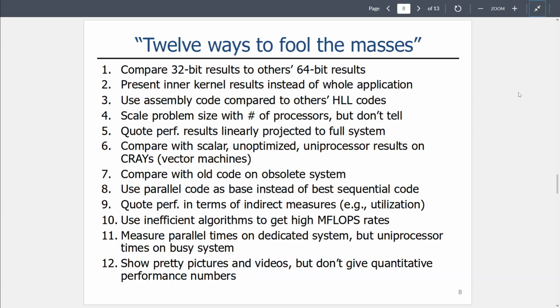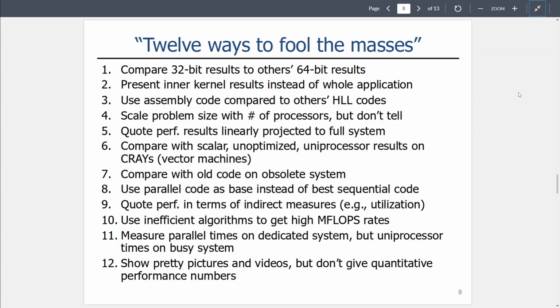Quoting performance results that have been linearly projected. So what that means is running it sequentially and then just projecting what you think the speedup would be using some sort of linear fit or a regression model or something like that. Now that one, again, could have its uses, but if you're presenting that as these are the actual measured results running on that many cores, that is a problem.